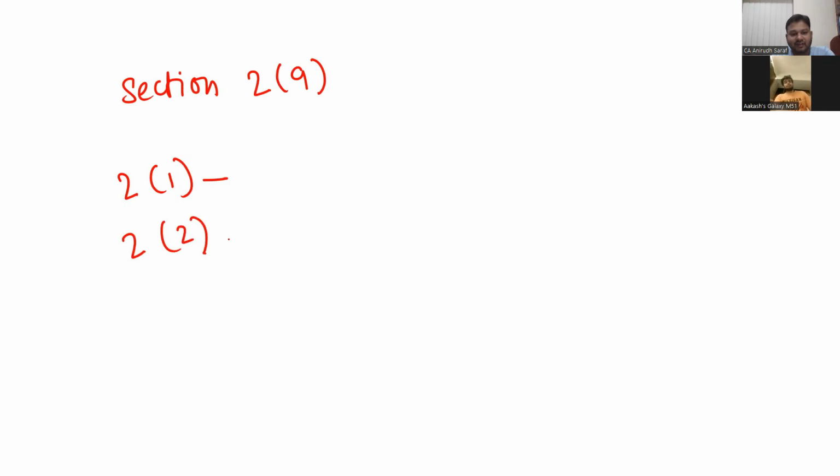Just like that, 2 subsection 9 says assessment year means the period of 12 months commencing on the first day of April of every year. And an explanation says that relating to every previous year, the subsequent financial year is called the assessment year when the assessment happens.